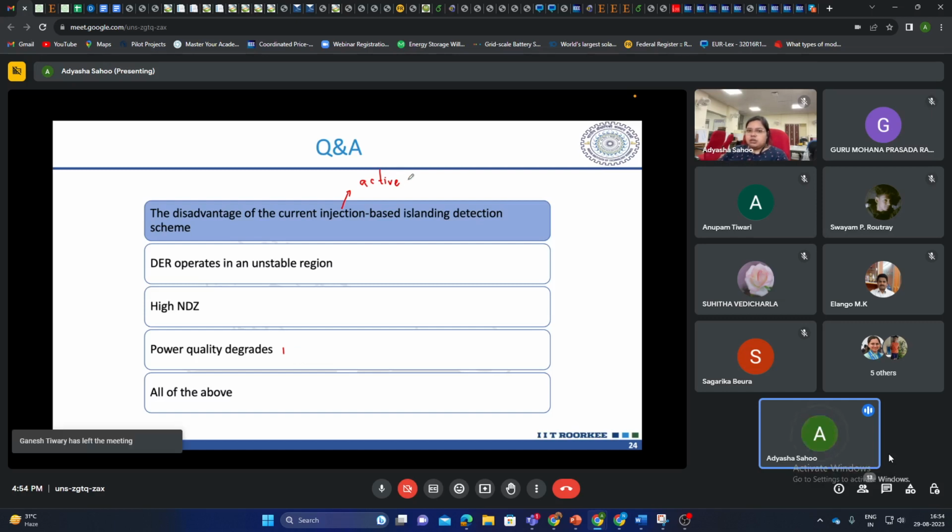So, in this active mode, we had current injection and we had another method. What was it? One was the current injection based method, the other one was the positive feedback method, right? So, what were the disadvantages of these?